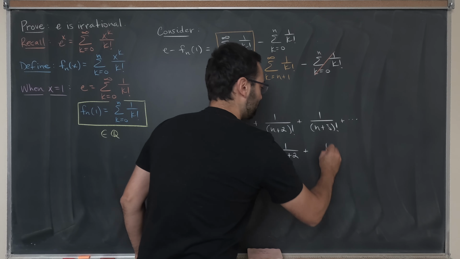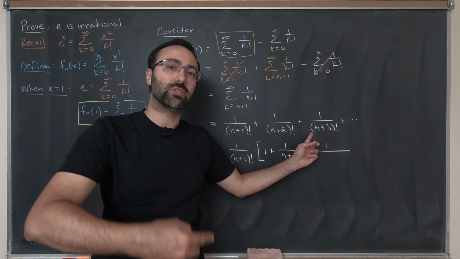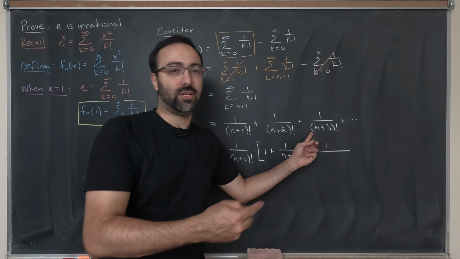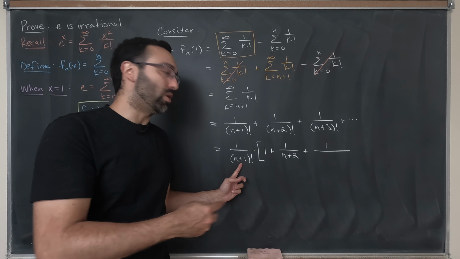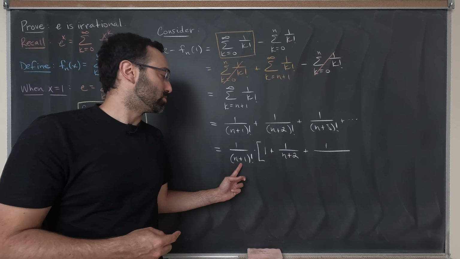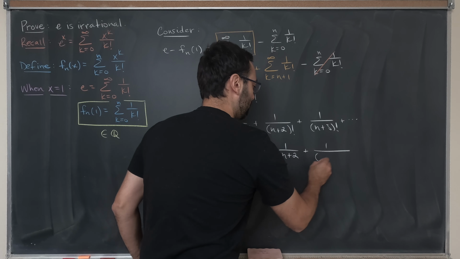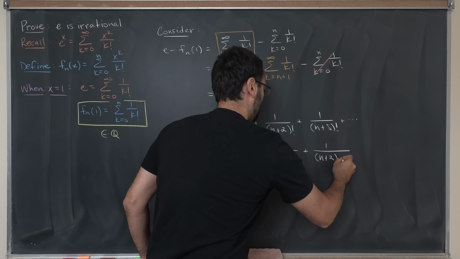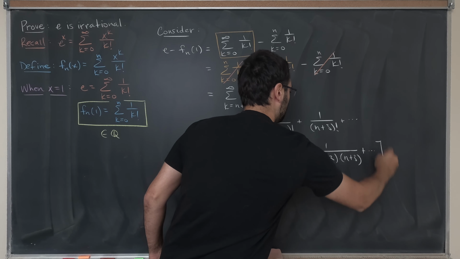And from here, this is n plus 3 times n plus 2 times n plus 1, etc. And this factorial starts at n plus 1 with all natural numbers below it. So the surviving terms that are left here are n plus 2 times n plus 3.